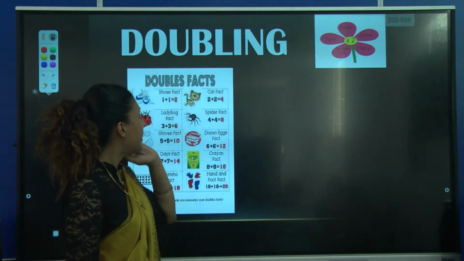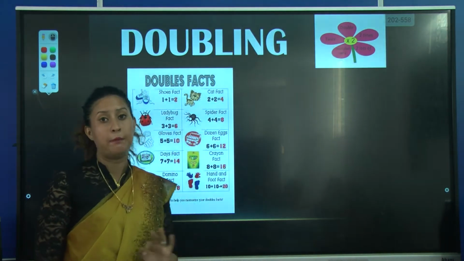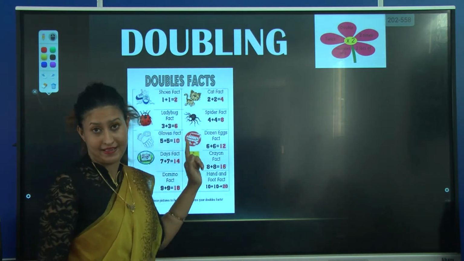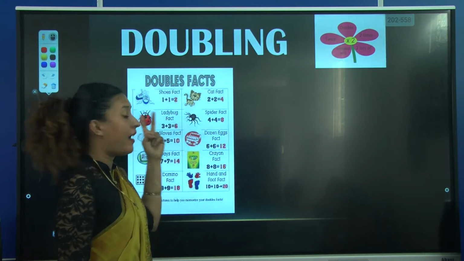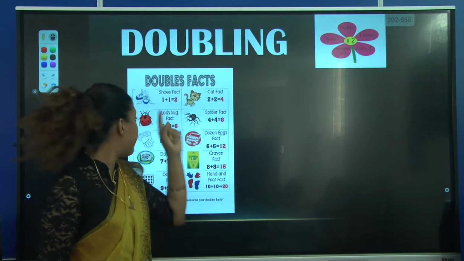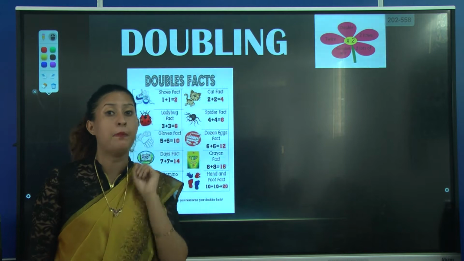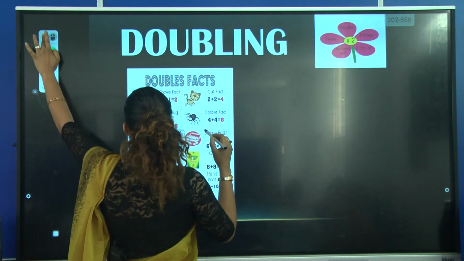Okay. Now moving on to the third slide, children, let's talk about doubling. Doubling means, now see the facts. In this picture you can see there are 2 shoes but only 1 pair, which means I will show you.